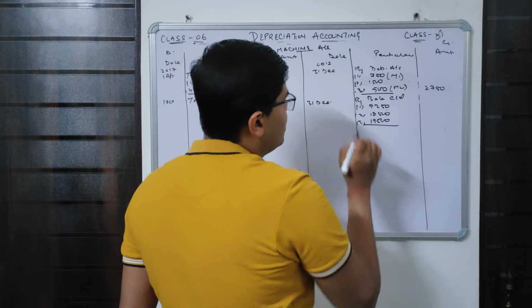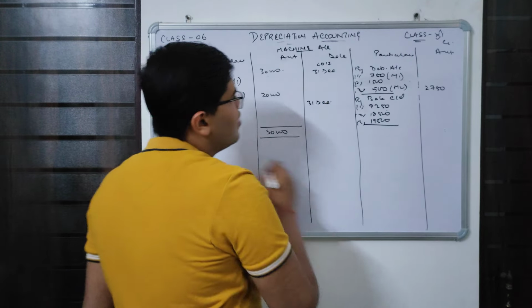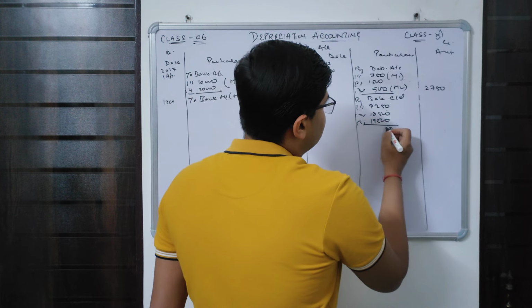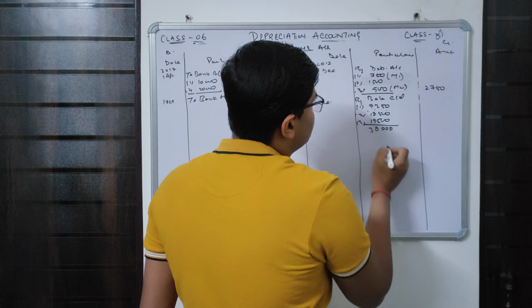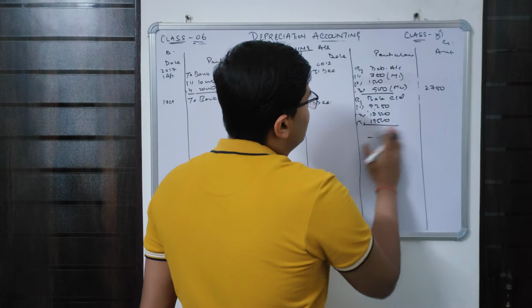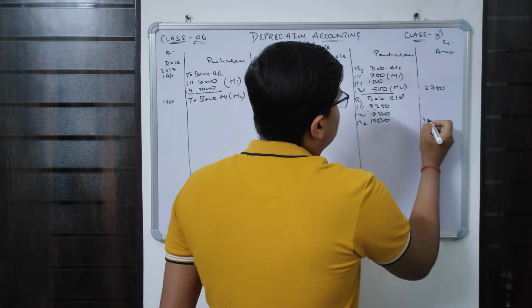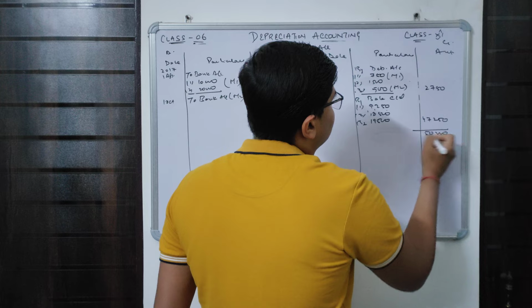So if we total it, here we will get 50,000, and here we will get 47,250. 47,250, and if we total it, we will get 50,000.